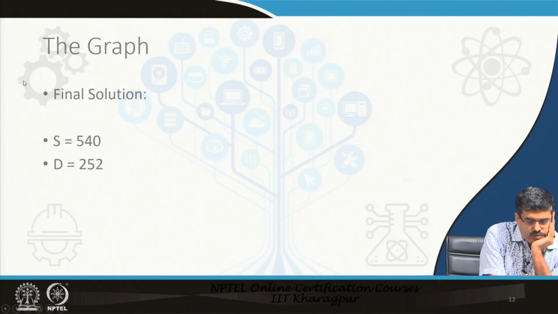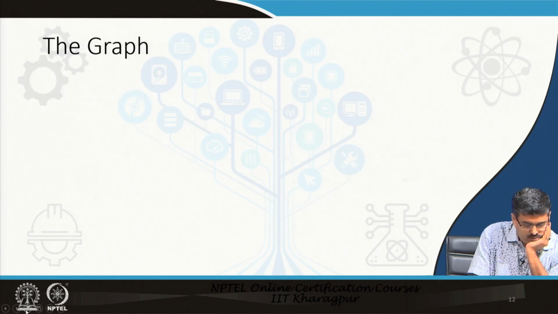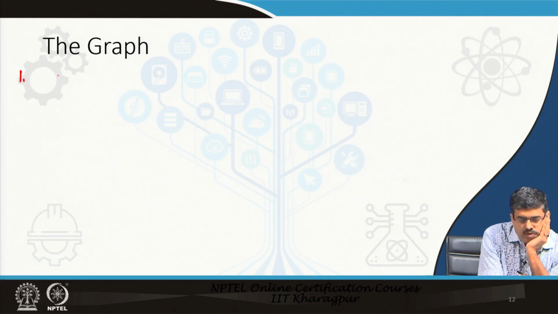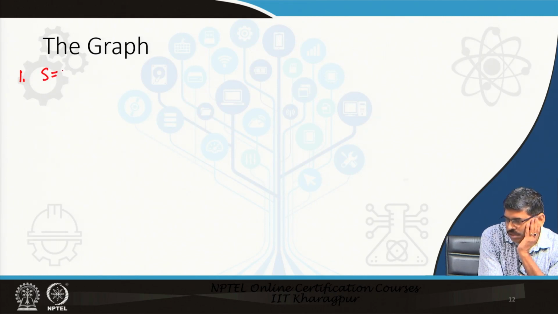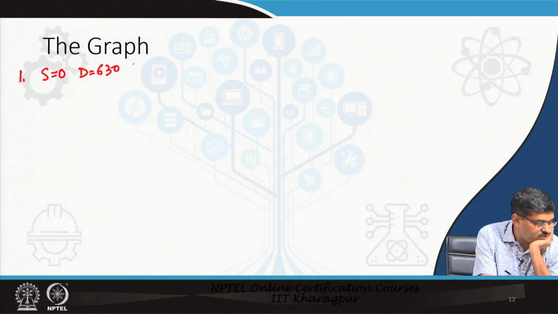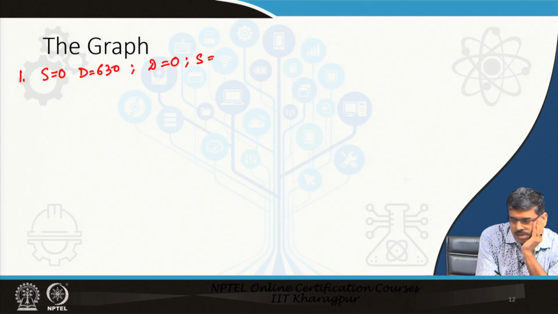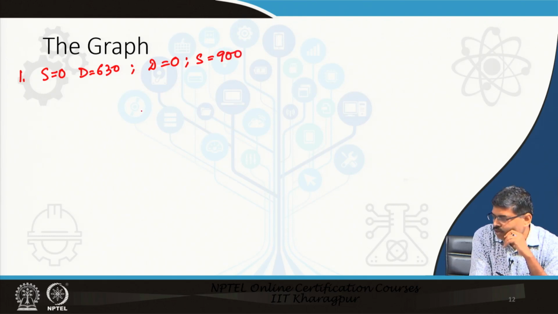So, first equation we got S is 0, D is 630; D is 0, S is equal to 900, right.